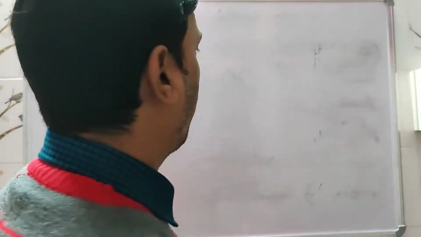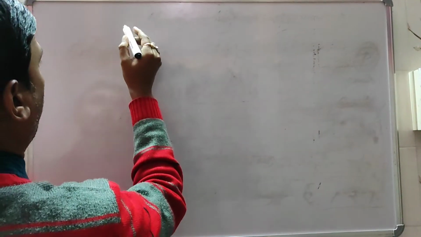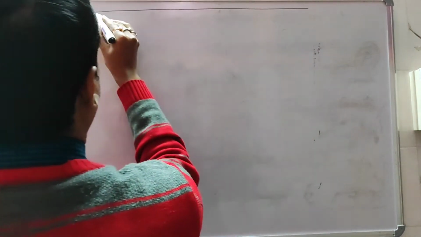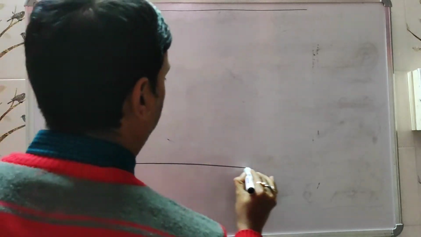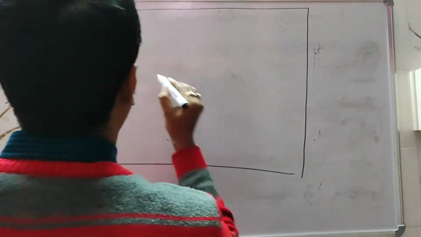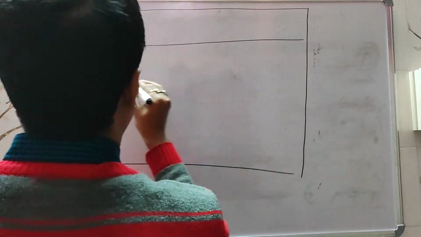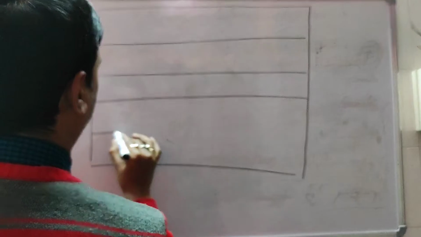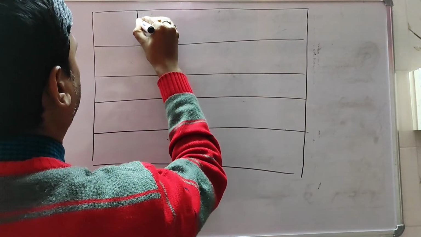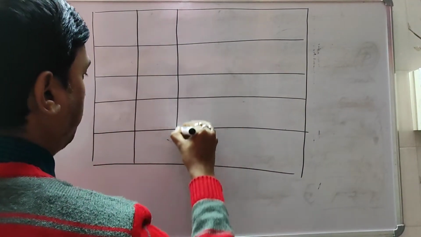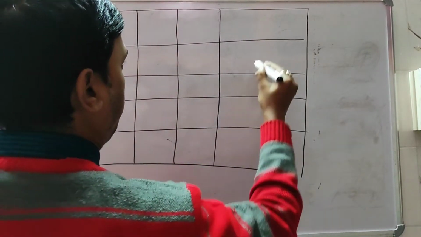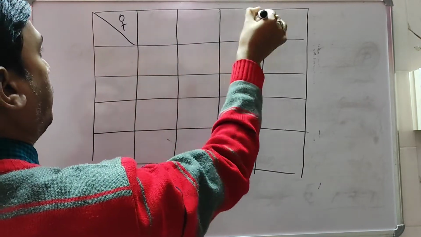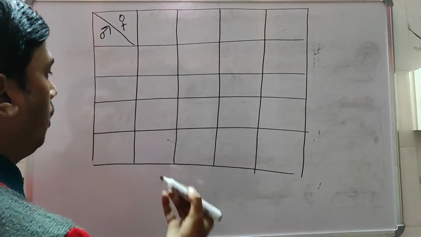So place them in a Punnett square. We have to make a table first. On this side I will place the female gametes, and here I will place the male gametes.